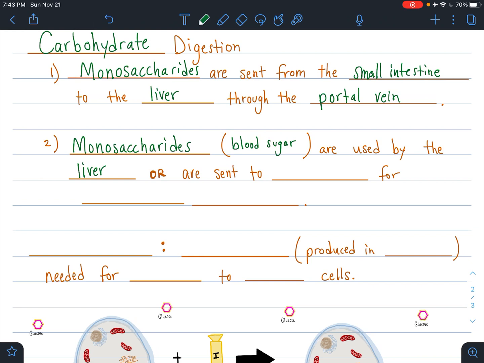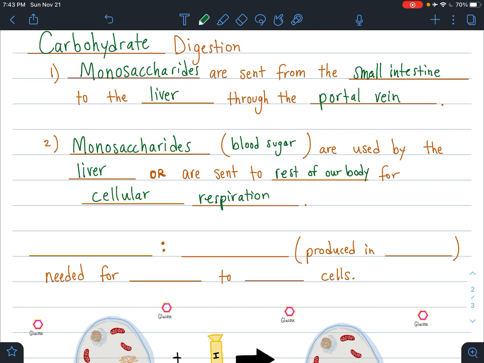And if the liver doesn't need energy, then the monosaccharides are sent to the rest of our body, our other tissues, our other muscles, our other fat cells, so that those cells can go through cellular respiration. And then those cells can get the energy that they need.